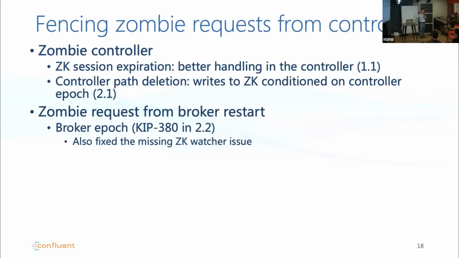With this, we can fence all the zombie writes from the old controller to Zookeeper. Of course, all the requests from the controller also carry this controller epoch so that the broker can also fence the older controller's requests as soon as it has seen the new ones.